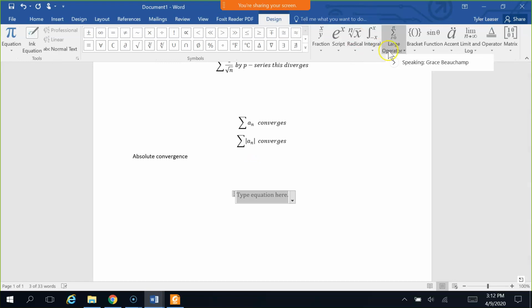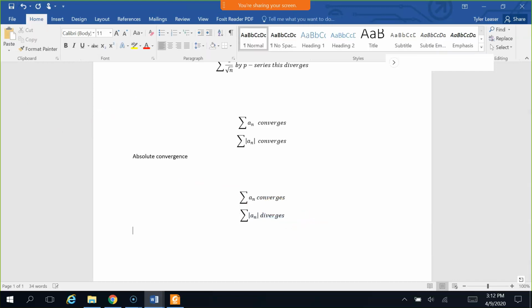On the other hand, if you have that the original series converges, but then you take the absolute value, just like in that example we saw above, if they were all positive and this diverges, that says that the original series converges conditionally.